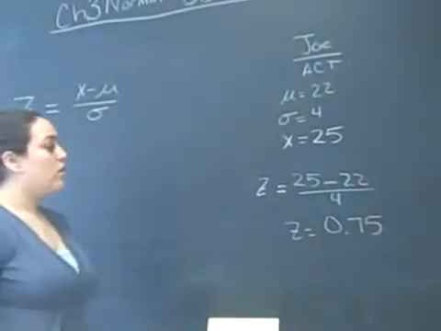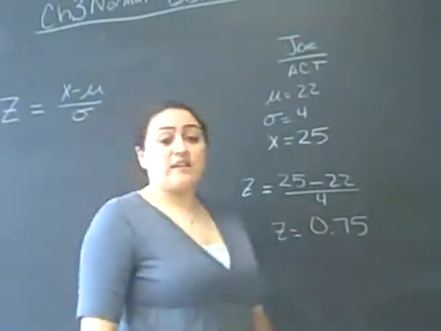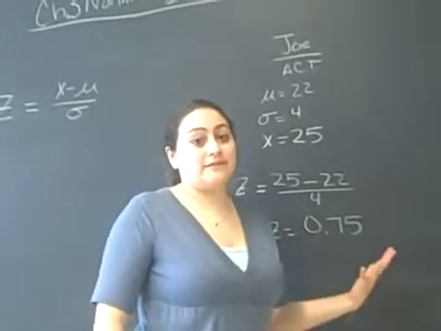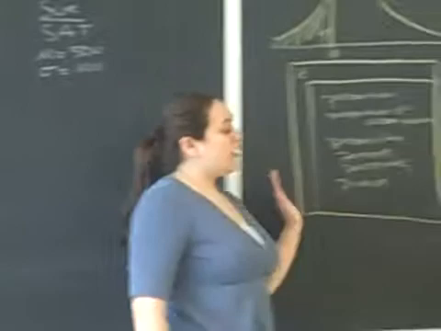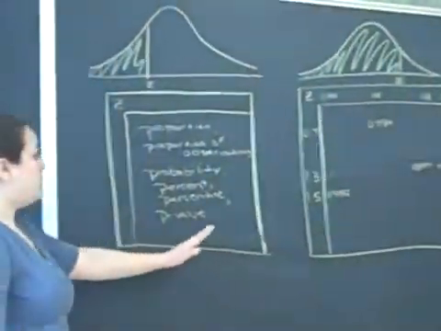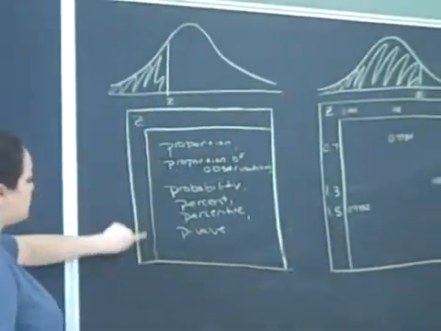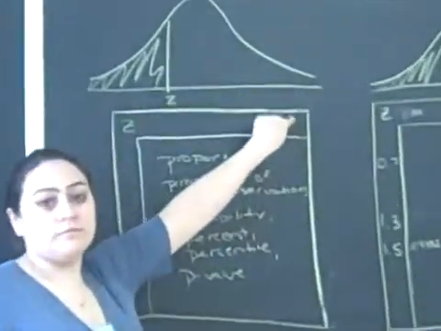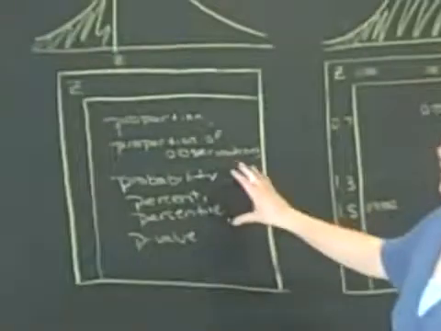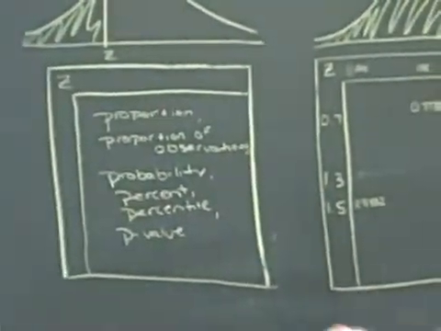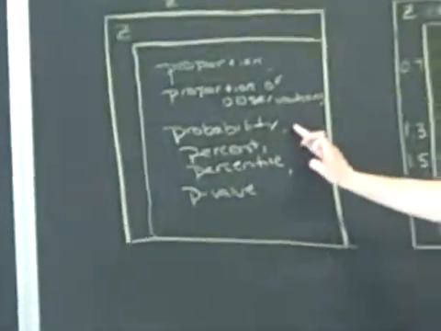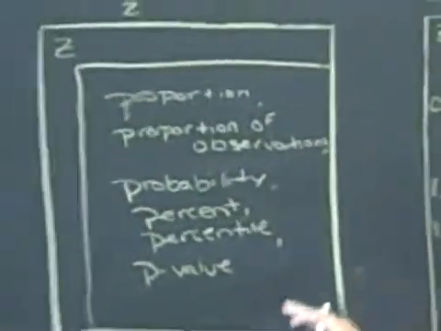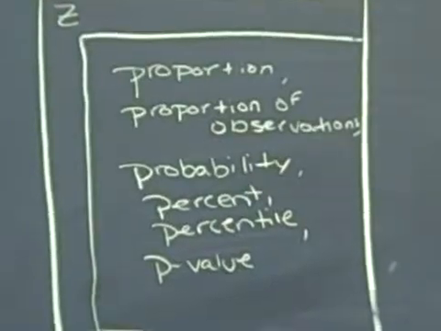Okay, now there is a set of charts that can be found anywhere that probability and statistics is talked about, and it looks similar to this. There's two parts to this chart. This part of the chart is the z-scores, here and here, and the beefy part of the chart represents proportion, or can be referred to as proportion of observations, or probability, percent, also known as the p-value.